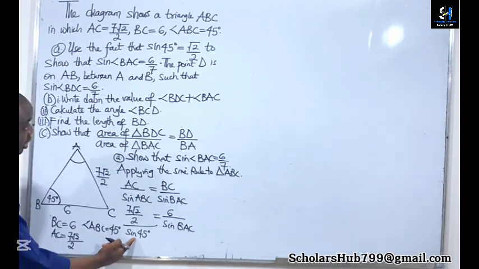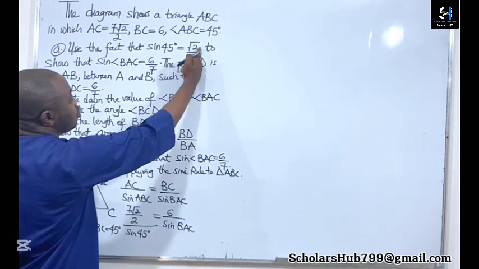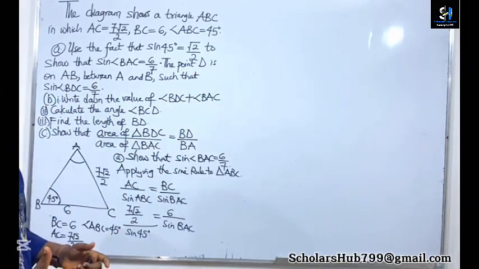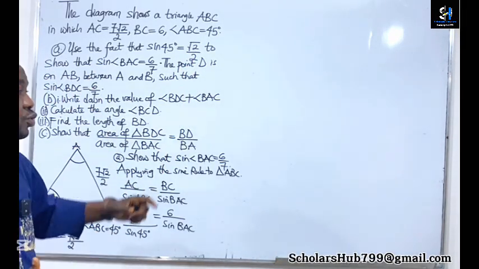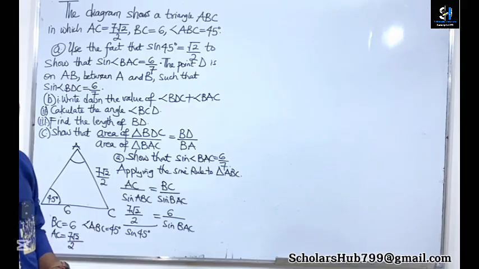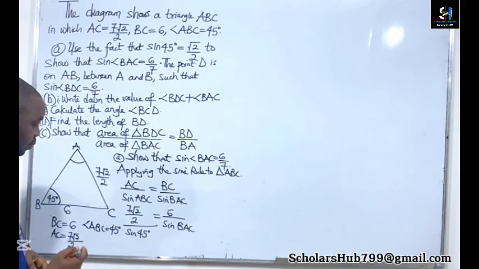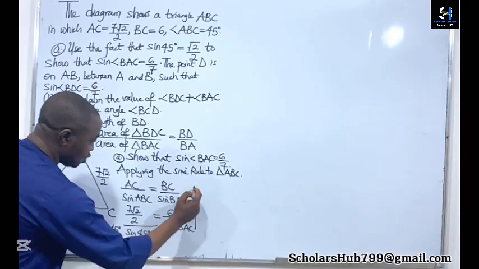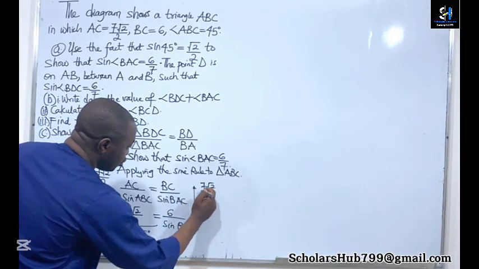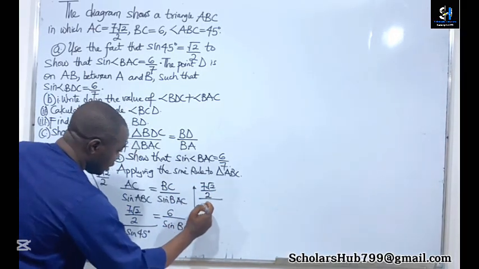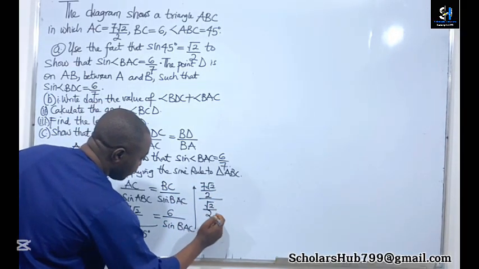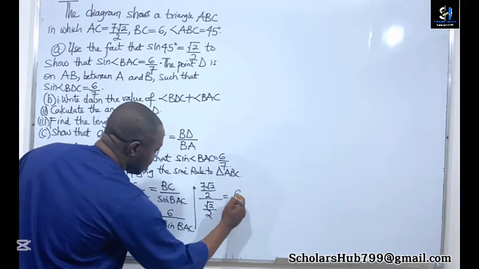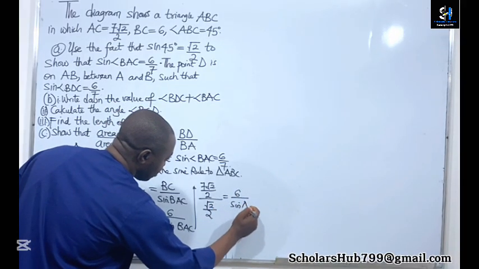We know that sine 45 degrees is root 2 over 2, because according to the question, we are asked to use the fact that sine of 45 degrees equals root 2 over 2. So we have 7 root 2 over 2 divided by root 2 over 2 equals 6 over sine of angle BAC.